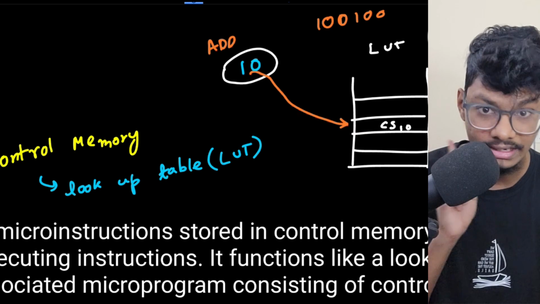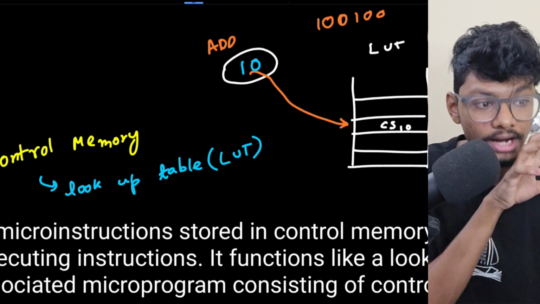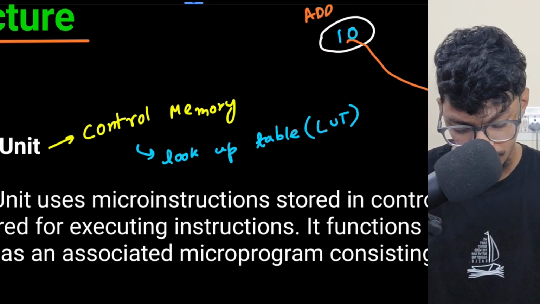Previously we didn't have any lookup table. In the hardwired control unit we had hardware logic. For each instruction we had a hardware logic, if you remember.